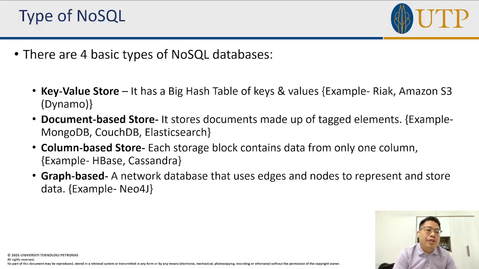There are quite a number of NoSQL databases: key-value store, document based, column based store, and graph based. My favorite is usually the document based store. Although it's not efficient in terms of size, I think it is a very good way of storing a lot of data.